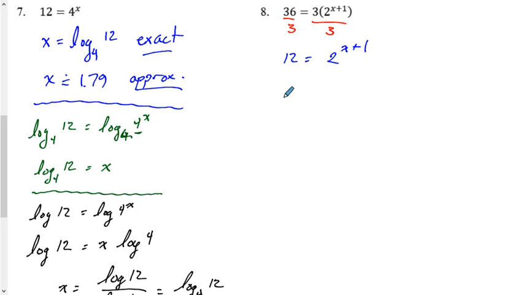So my exponent, x plus 1, is equal to the logarithm where the base is 2 because the base for my power had been 2, and it'll be the log base 2 of 12. And then I'll subtract that 1 over to the other side to solve for x.